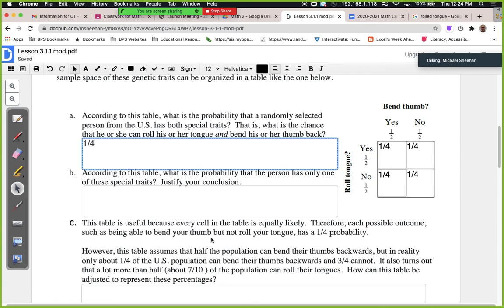How about this one? Magina, I want you to think about this. Look at this table. What's the probability that the person can do only one thing? They can roll their tongue, or they can bend their thumb, but not both.